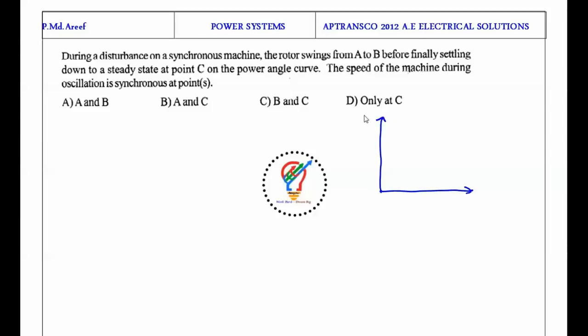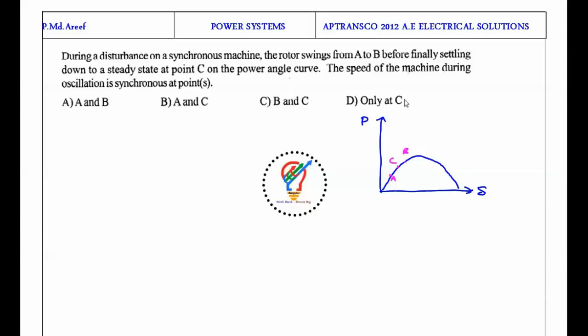In the y-axis we will take the power, and in the x-axis we will take delta, and we will have the power angle curve like this. Now, first of all, the stable point A, and from A to B, and finally it settles down to a point C.